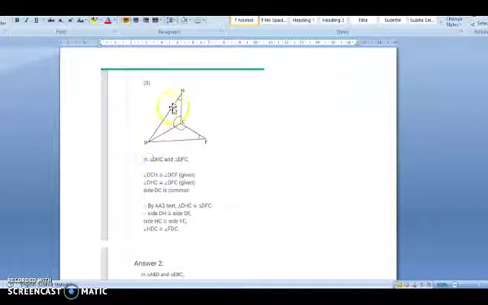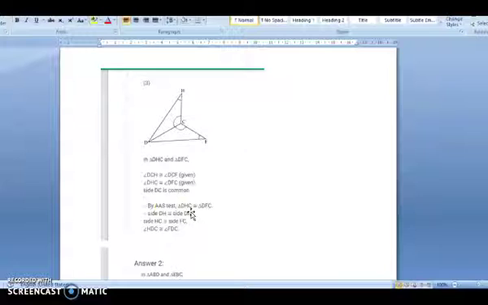Then angle DHC is congruent to angle DFC. This is given by the identical mark. This angle is congruent to this angle, and also we know that side DC is common, so it is congruent to itself. Therefore, by the angle, angle and side AAS test, triangle DHC is congruent to triangle DFC.